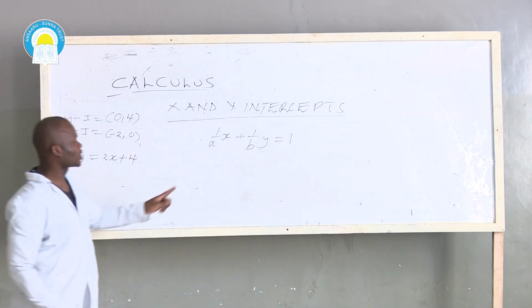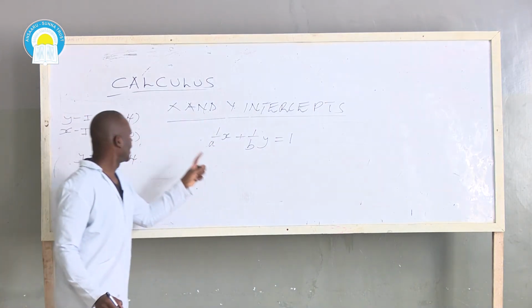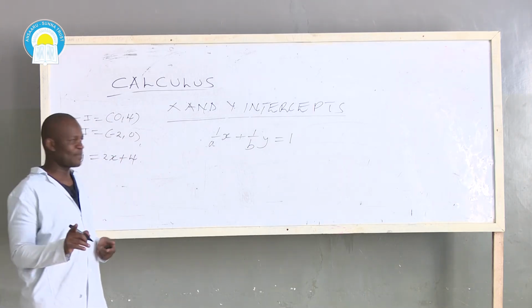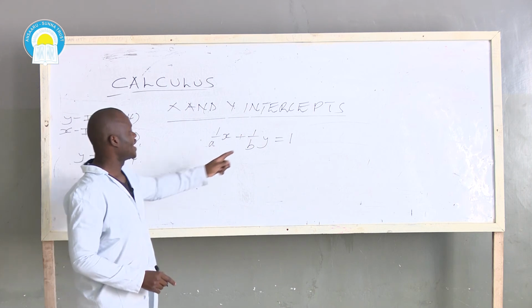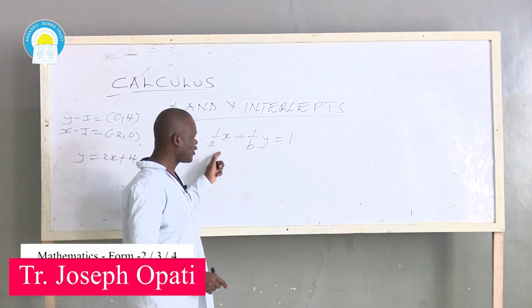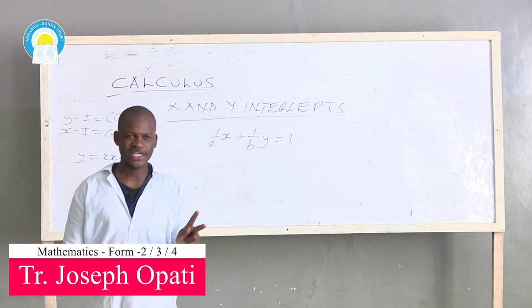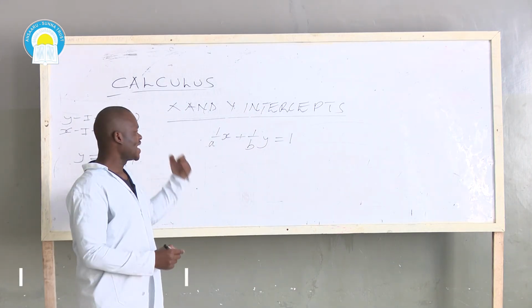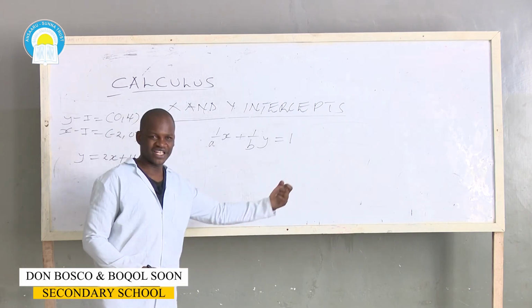And this is what we obtain as the y-intercept, and this as the x-intercept. Now we want to see how we can use this to obtain both simultaneously. This is what will happen. We shall have our equation in this form. The conditions are two. Number one, have the variables x and y on one side, and the constant on the other side.